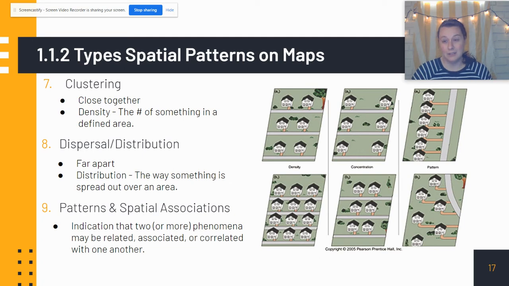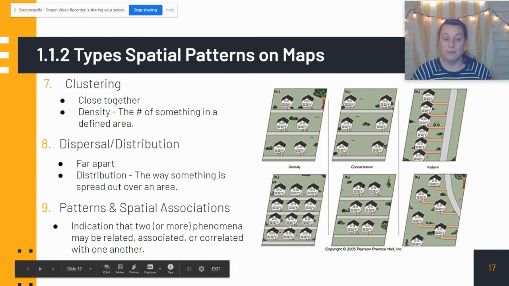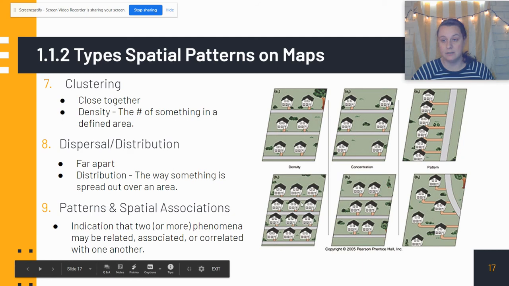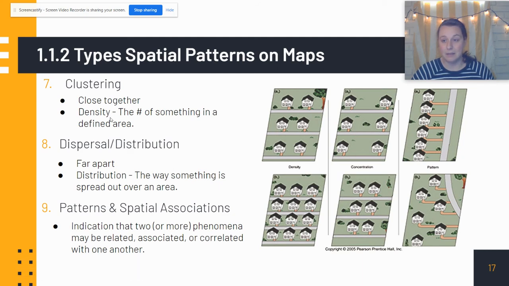And another way to talk about clustering is density, because density means the number of that spatial variable in a specific area, right? So, like for instance, this is an example of clustered homes, right? I could say the same exact thing, but say that these 3 streets or these 4 streets are densely populated, right? So clustering and density go together.